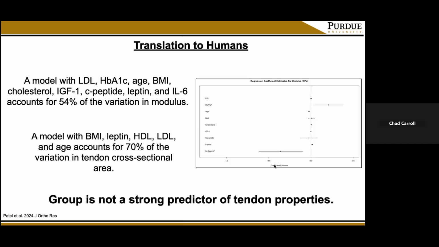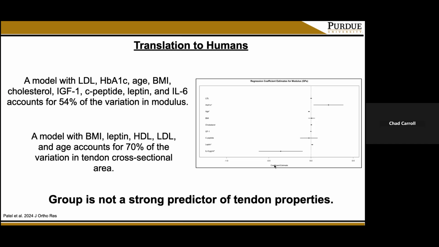And what was the most interesting finding was that we can increase our predictive potential utilizing more than just one variable. We haven't mixed in AGEs into this yet. We just don't have enough N size. But you can see that, for example, tendon cross-sectional area, if we include these variables here, we can predict about 70% of the variation in tendon volume.